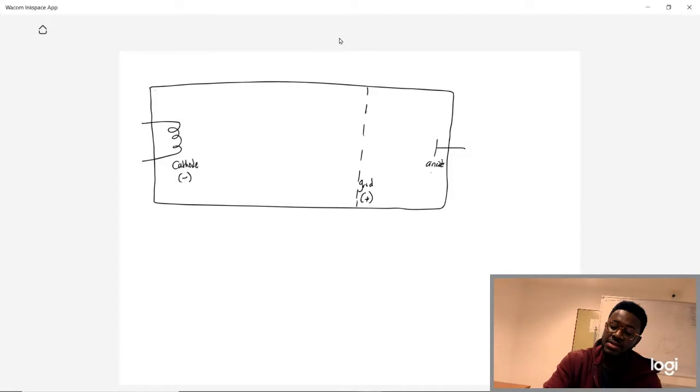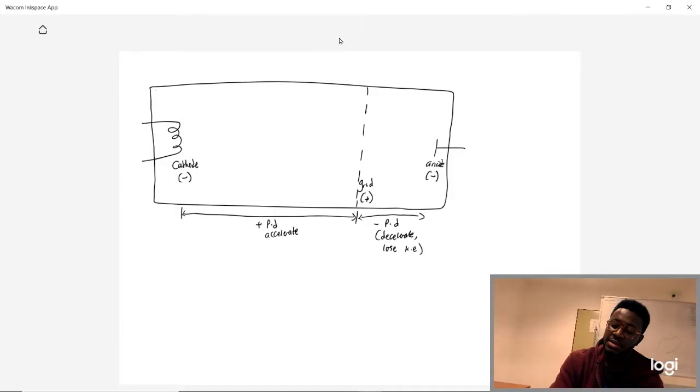Exactly. So you have a positive potential difference between your cathode and your grid. Don't forget, positive potential difference means that you can accelerate the electron. And you have a negative potential difference between your grid and your anode, so that means you decelerate. That means you lose kinetic energy, whereas this gains kinetic energy.